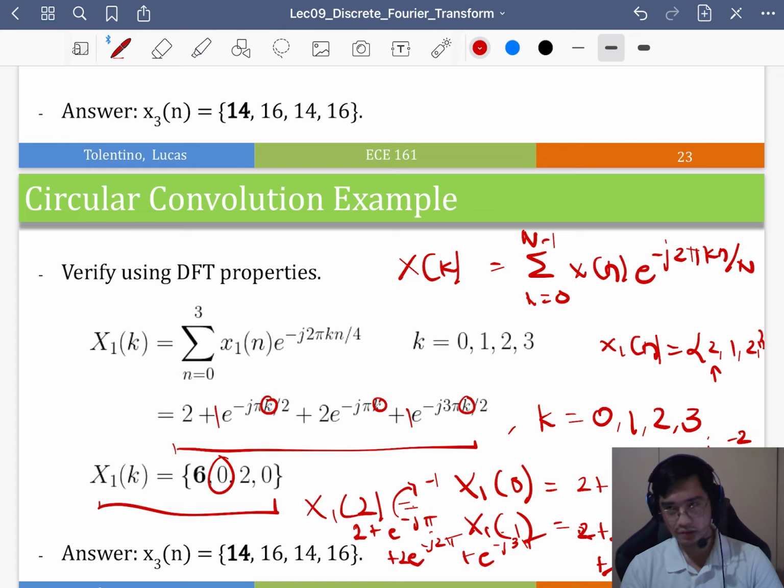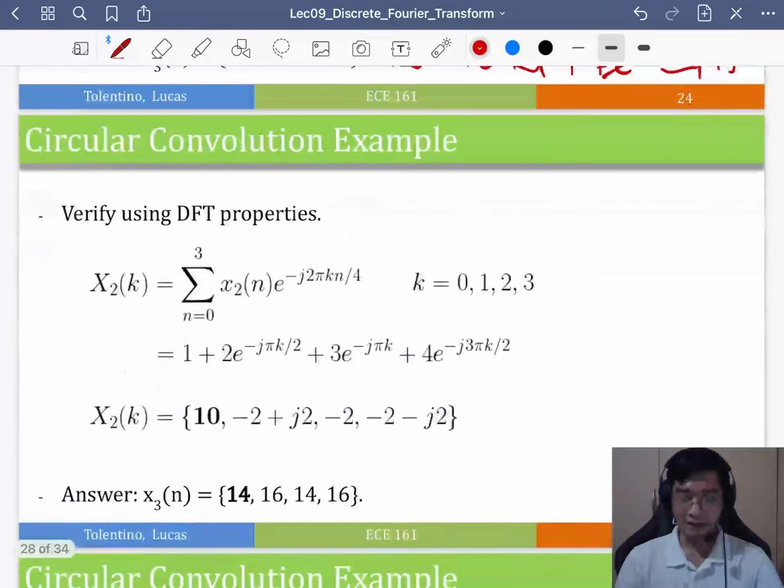So 2 minus 1, 1 plus 2, 3. What is e to the minus j 3 pi? This is equal to negative 1. So we have x1 of 2 is equal to 2. And if you do x1 of 3, you should get 0. So x1 of k is 6, 0, 2, 0. Okay. Now how about x2 of k?